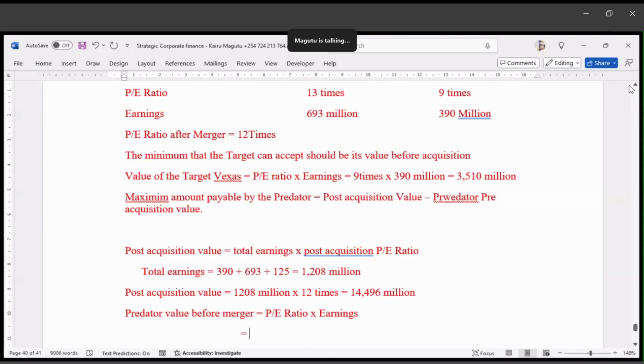The price earnings ratio for the predator was how much? 13 times, multiplied by 693. So 13 times 693. How much is it?